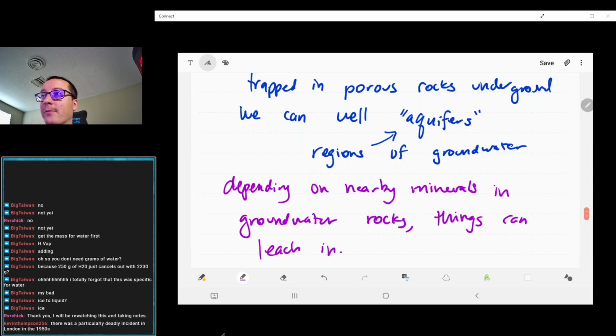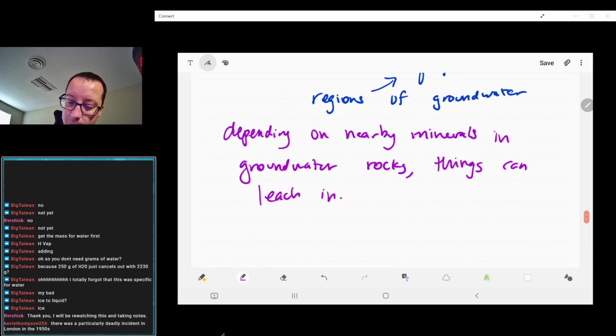Leach with an A. For example, hydrogen arsenate. So arsenic is an element, right? It's found in various minerals. If your groundwater happens to have minerals with arsenic in it, it can dissolve in that water. It can leach in, forming various arsenates, which of course are toxic.